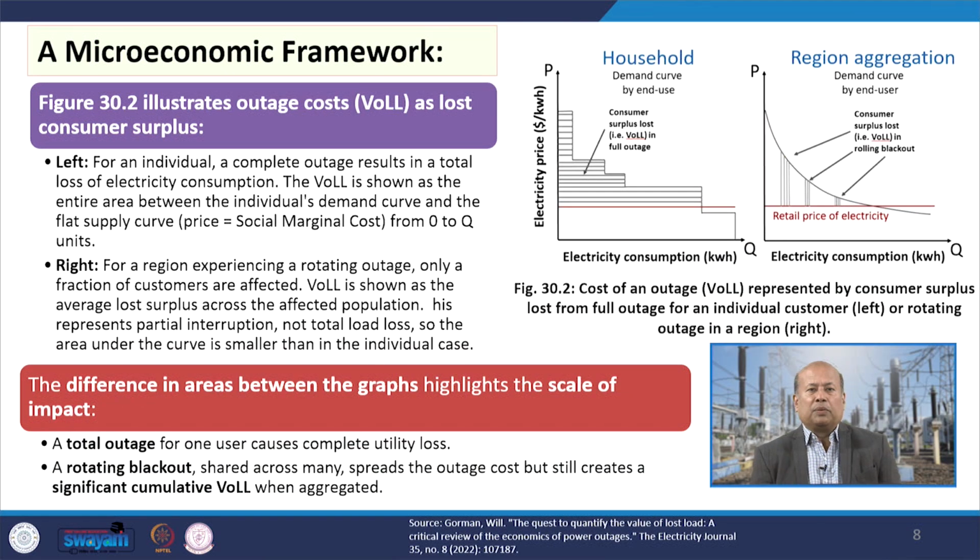Now, slowly moving to one more demonstration, which illustrates outage cost VoLL as lost consumer surplus. For an individual, a complete outage results in a total loss of electricity consumption. The VoLL is shown as the entire area between the individual's demand curve and the flat supply curve, that is, price equal to social marginal cost, from 0 to Q units.